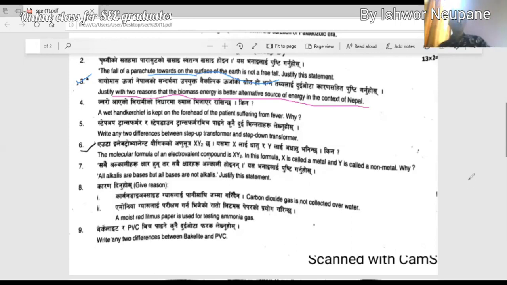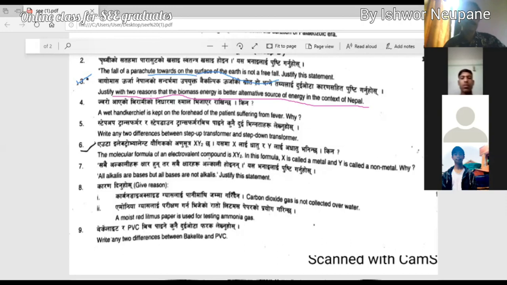That's why the raw materials for biomass energy are easily available. And number second, biomass energy is eco-friendly.